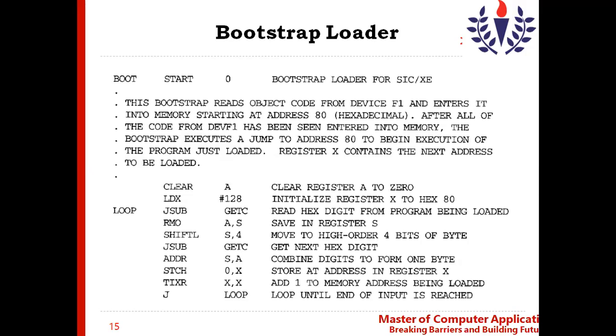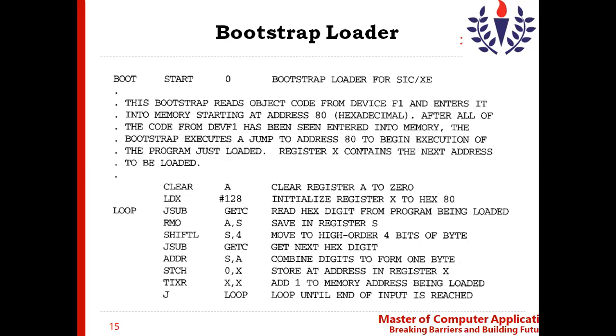Now what will happen is you'll be incrementing the X value by 1. So when it goes to the next byte, the X value has to be incremented. That is why, when you move on to the next character, it has to be stored in the next byte address.